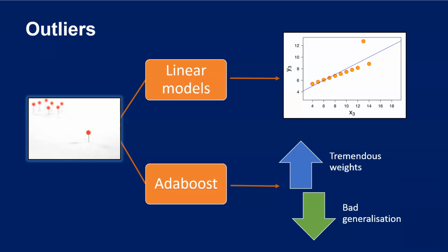And there are other algorithms that are sensitive to outliers as well. Think, for example, AdaBoost. AdaBoost is sensitive to outliers because this algorithm puts tremendous weights on the outliers as the different trees are built to try and correct the prediction that the previous tree made wrongly, and this tends to cause overfitting and a bad generalization.